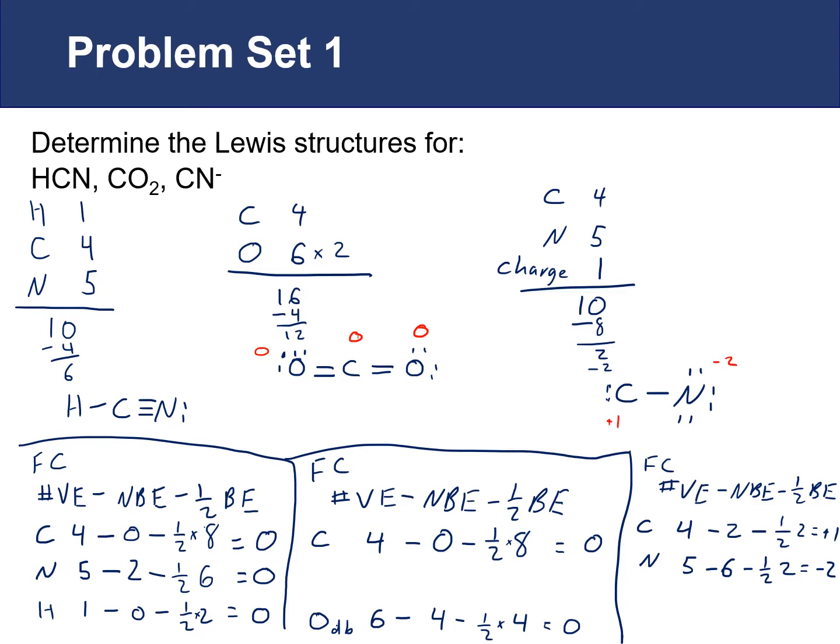And so what we can do is remedy this situation by taking 2 of the electrons from the nitrogen and forming a double bond here. In doing that, we've changed the formal charge on our nitrogen and our carbon.